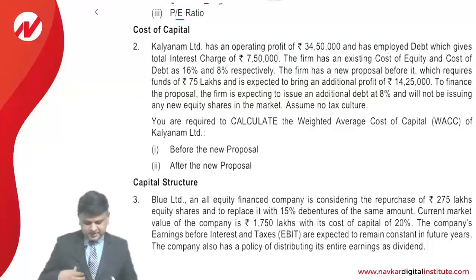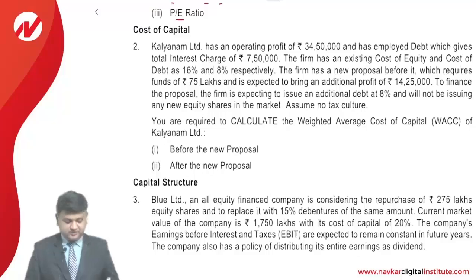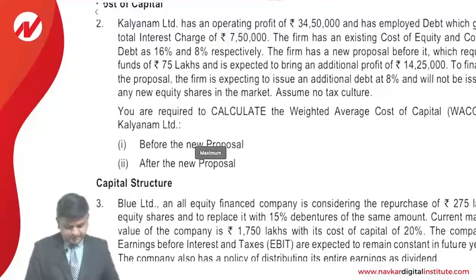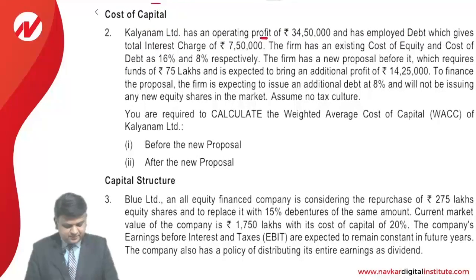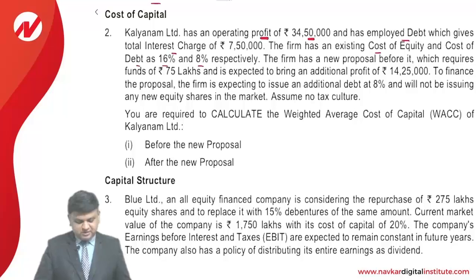Question number 2 is based on the cost of capital concept. K Limited has an operating profit of 34,50,000 and has employed debt which gives a total interest charge of 7,50,000. It has cost of equity and cost of debt as 16% and 8% respectively.